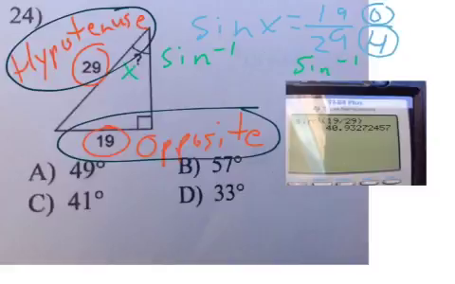So as you can see, the sine inverse of 19 over 29 is 40.93, but of course we'll just round it off. So x is basically 41 degrees, okay? And then of course we will pick answer C over there. So pause the video again and make sure this makes sense.